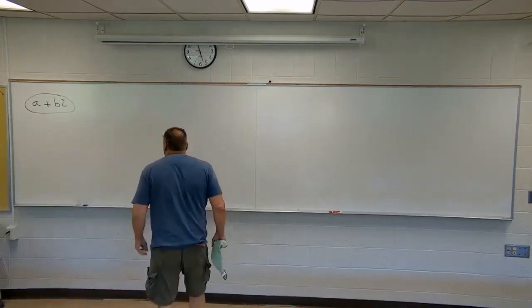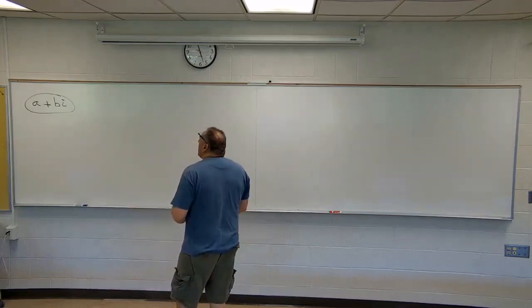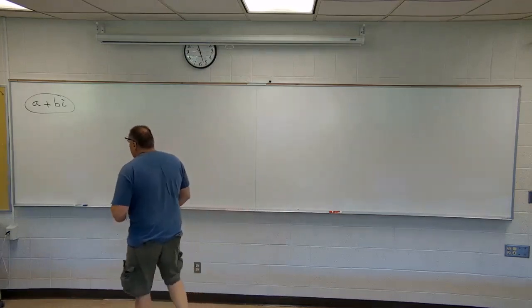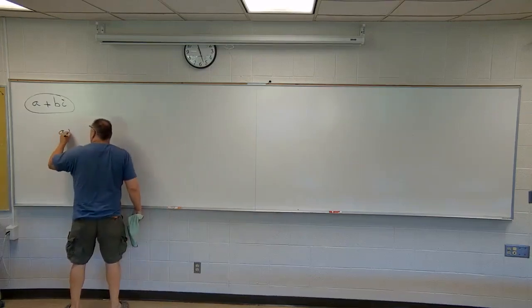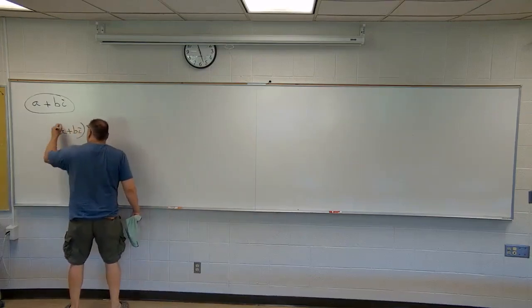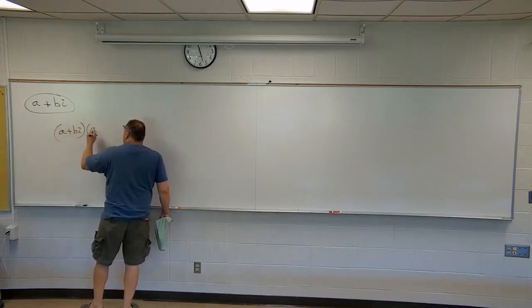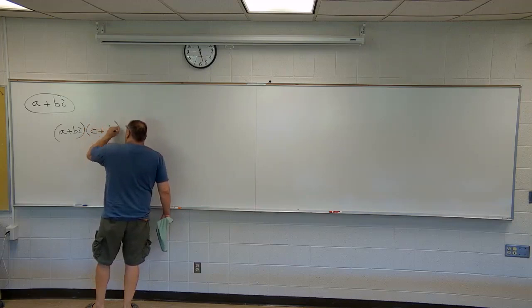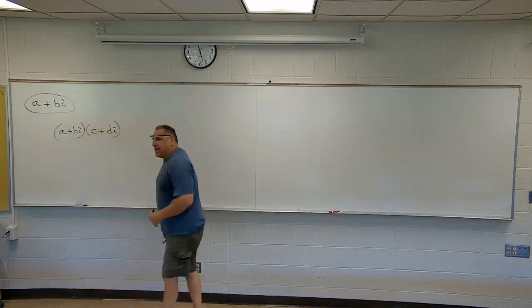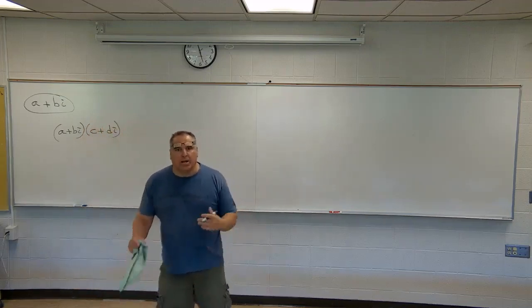If you're multiplying two quantities, you've got a plus bi times c plus di. Pretend you are just dealing with the letters that you know how to do.